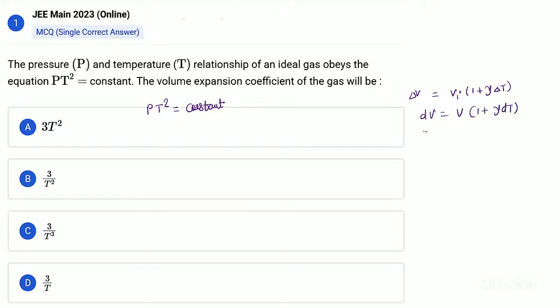Now, if you just divide it by V, dV by V will become 1 plus gamma into dT.